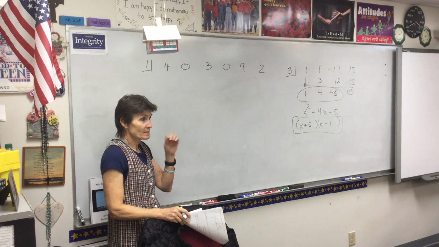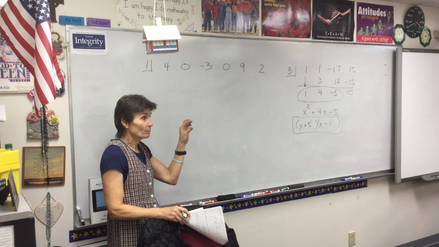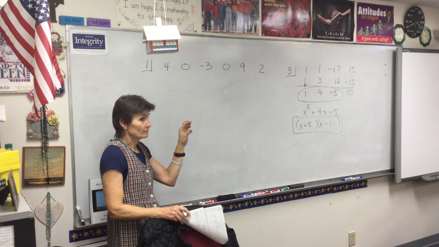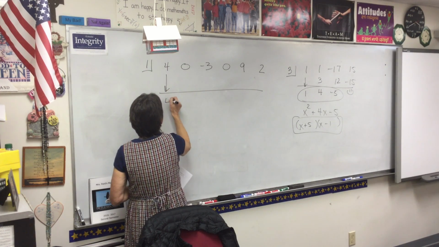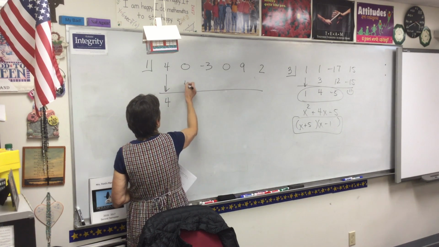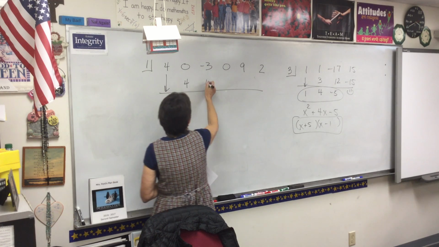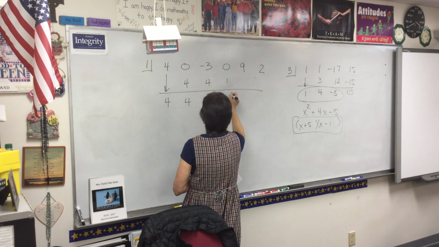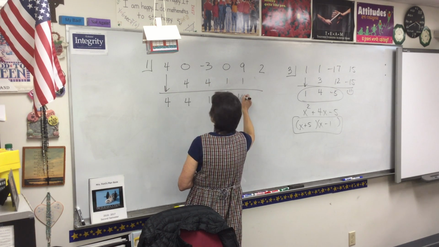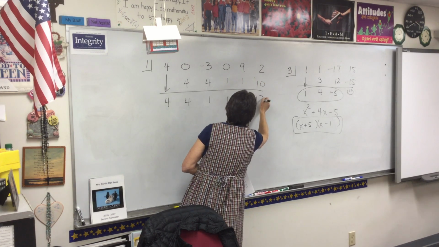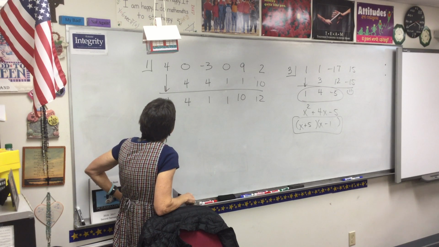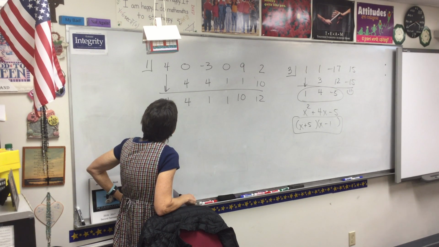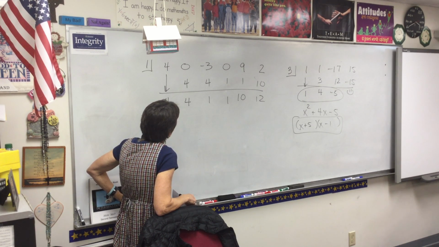Did you listen to me as I was writing those out? So I knew where to put the zeros? So here we go. You do it and I'll do it and see if we get the same answer. It's so easy to make a mistake on this.